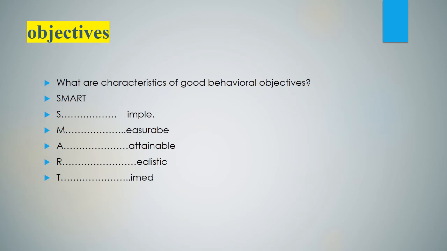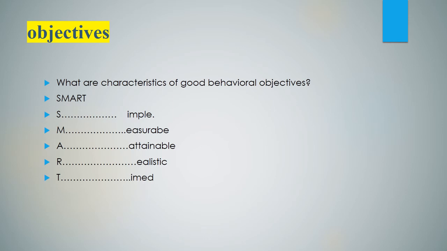Let's see some details concerning objectives. Objectives are the first thing in our lesson plan, the most important thing in our lesson plan. What are the characteristics of good behavioral objectives? They are summed up in this acronym, which is called SMART.